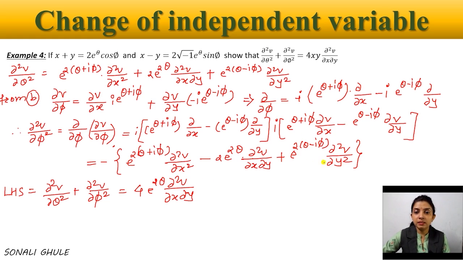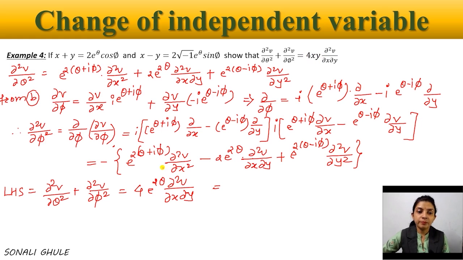And this last term and this last term, as you can see there is a negative sign, so opposite signs but terms are same, so both terms are going to cancel here, right? So this is our answer, but in our final answer there is 4xy.